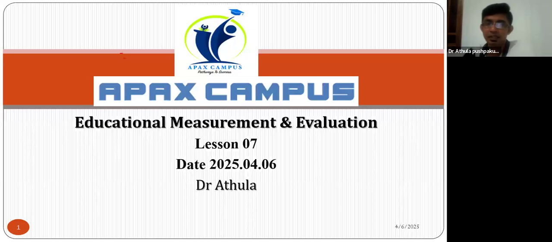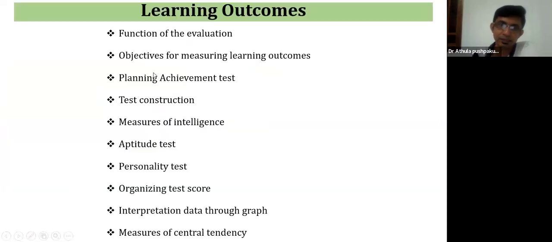When concerned about this educational measurement and evaluation subject, we have discussed a few chapters. Today I'll discuss chapter 7. Chapter 7 means the first one, functions of evaluation, which is now completed.